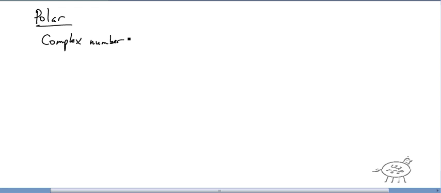Okay, so a complex number has two parts. It has a real part. So this is a plus bi. This is your real part, and this is your imaginary part.